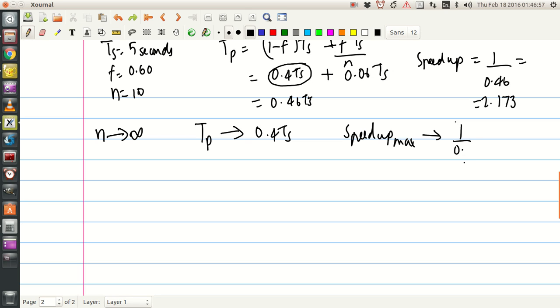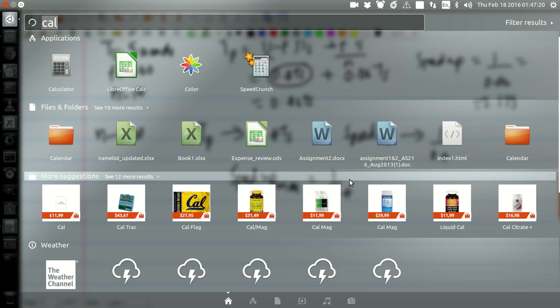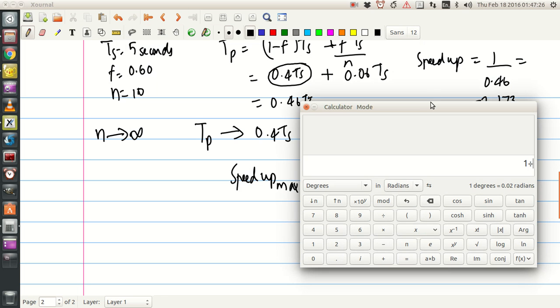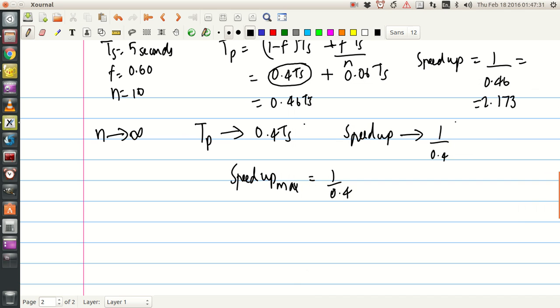So my maximum speed up is 1 divided by 0.4, which is 2.5. So the maximum speed up I can get is 2.5, and that's it.